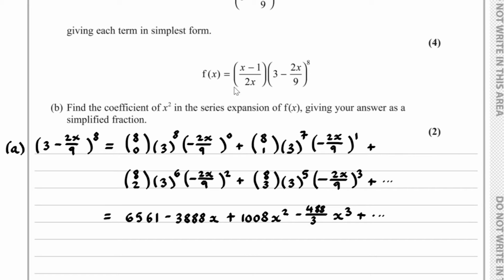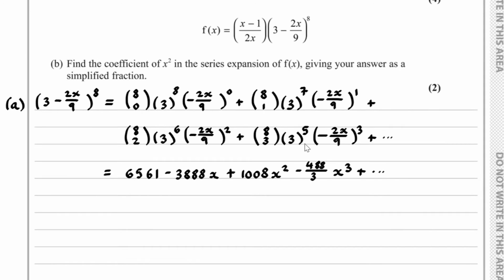Now for part B, f of x is equal to x minus 1 over 2x multiplied by 3 minus 2x over 9 to the 8. We have to find the coefficient of x squared in the series expansion of f of x, giving the answer as a simplified fraction.